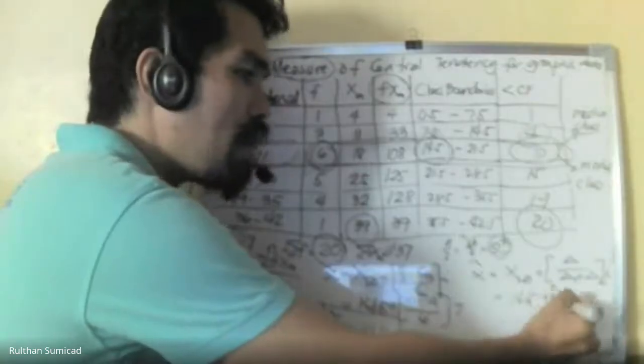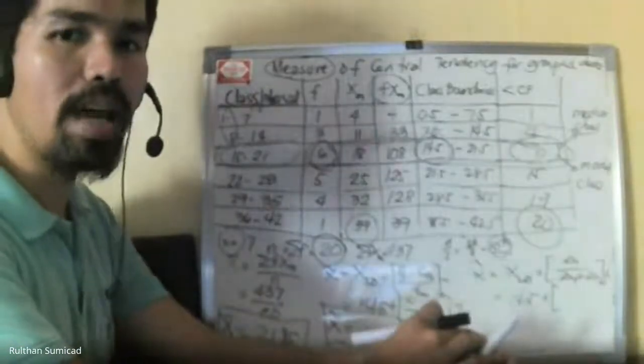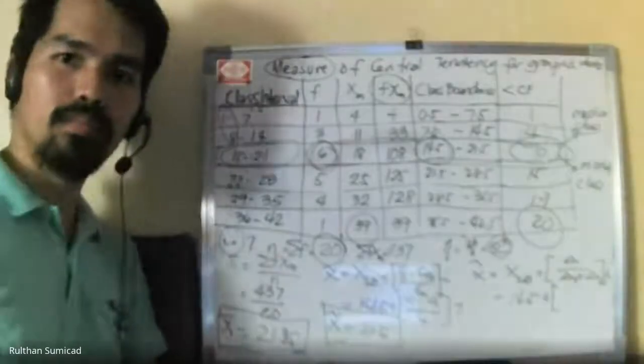Okay, we have already our LB. Now we have our delta 1. Who can tell me the value of delta 1? Raise your hand, please.